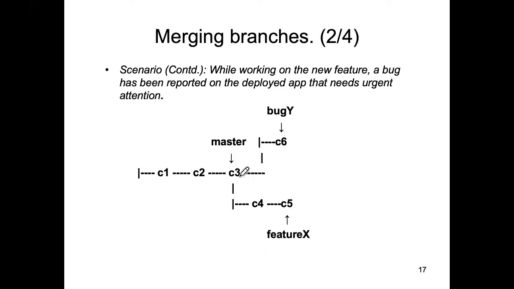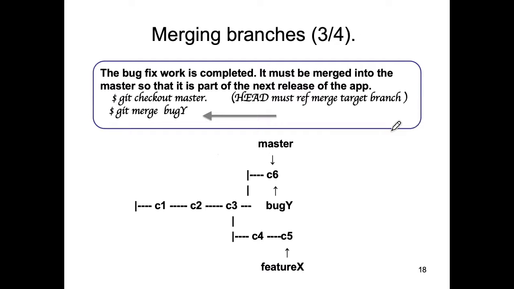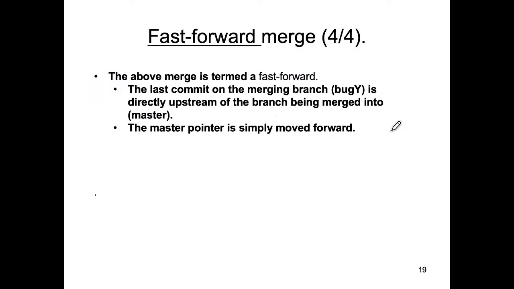So it's still a simple fast forward merge operation, or the merge is a simple fast forward movement of the master branch right up to where bug Y is pointing at. So that's all that's involved in merging for fast forwarding. But a lot of merging is not as simple as a fast forward, as we'll see in a moment.